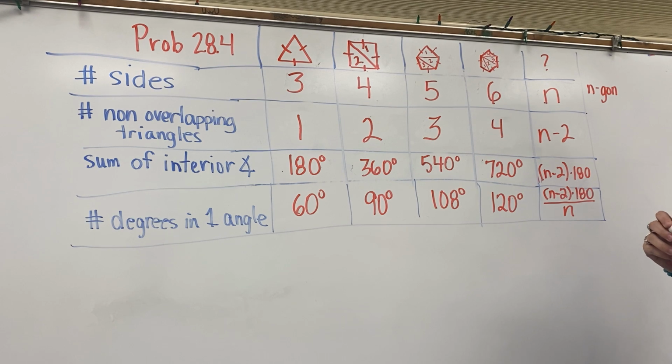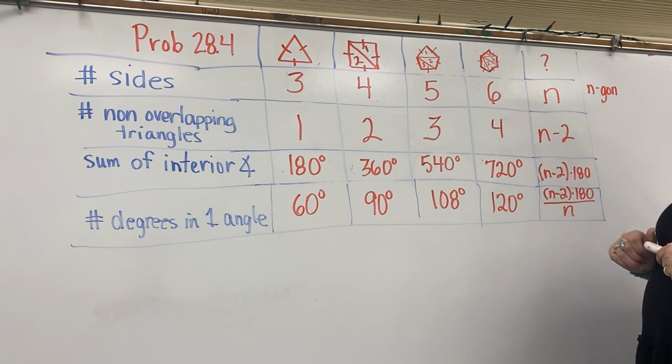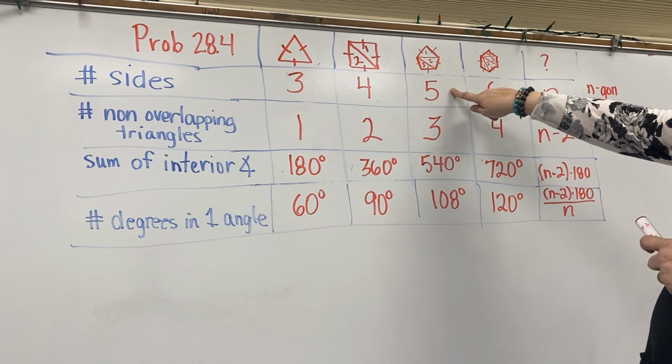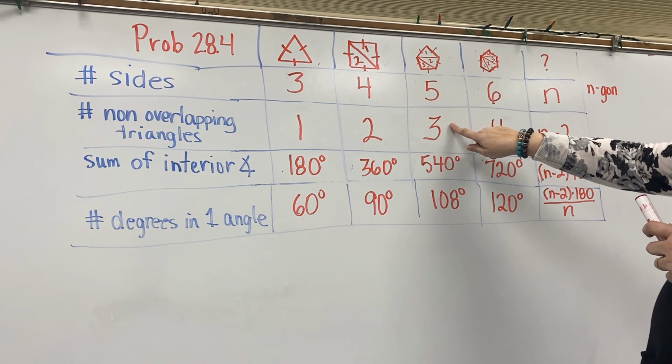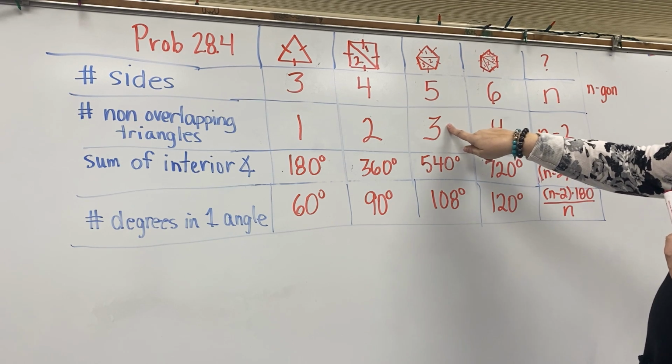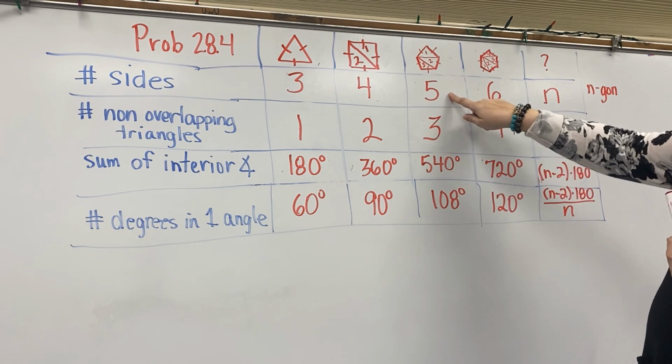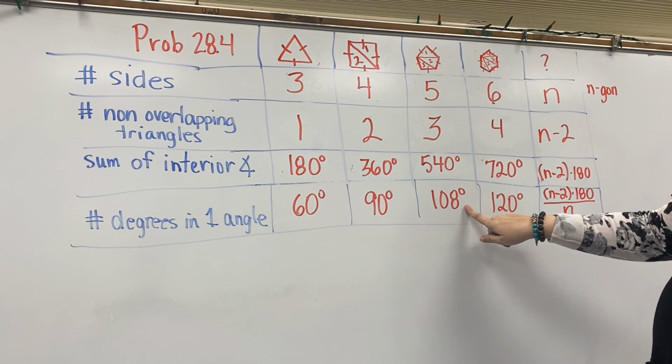You can now work out what angle A would be. A regular pentagon has 5 sides, so it has 3 non-overlapping triangles. So we take 3 times 180 and divide it by 5, and one angle would be 108.